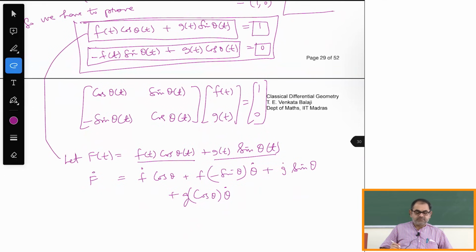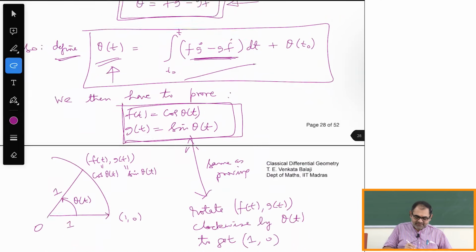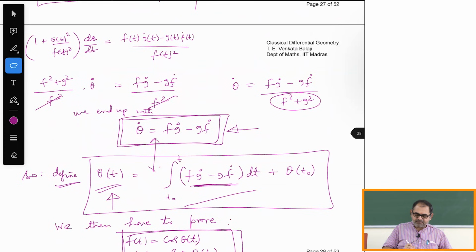Now watch, what is your θ dot? There is an expression for θ dot. Here is my expression for θ dot, which was the starting point. That's how I define θ.